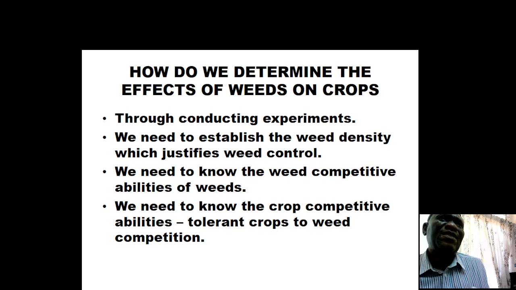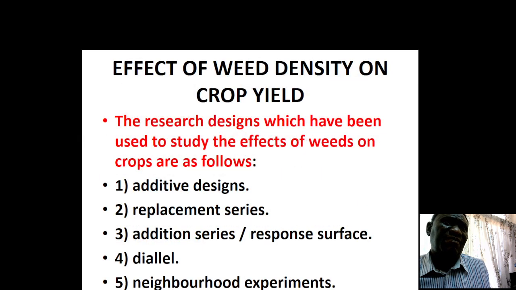So this is the importance of determining the effects of weeds on crops. The first issue which we are interested in is to understand the impact of weed density on crop yield. How many weeds per square meter are critical in causing yield losses?